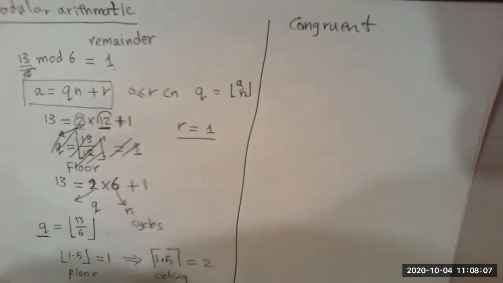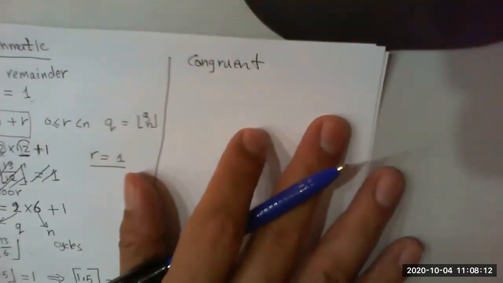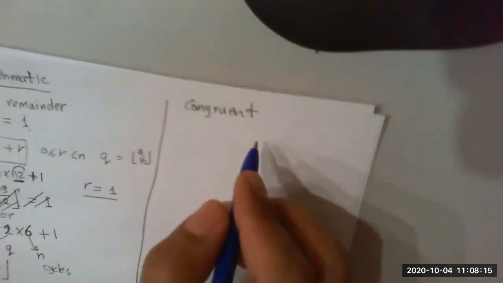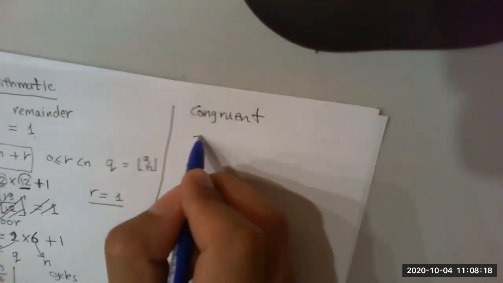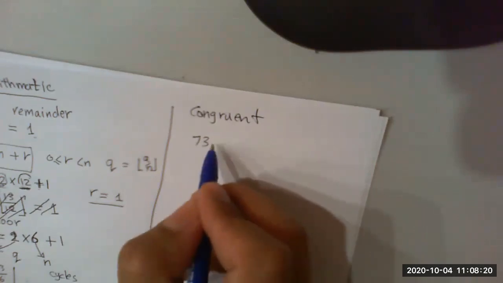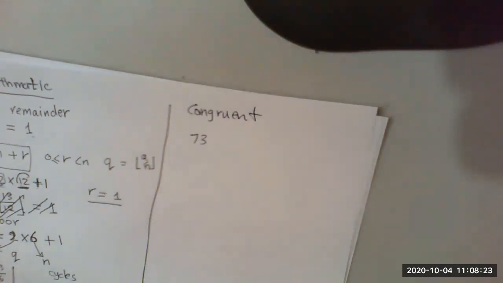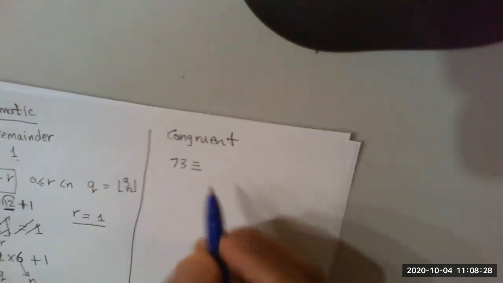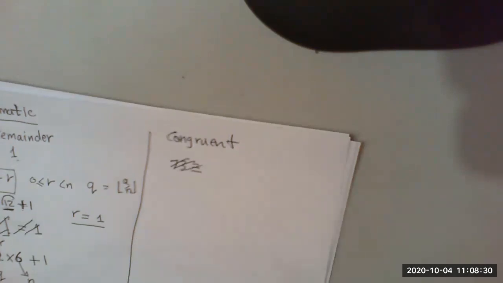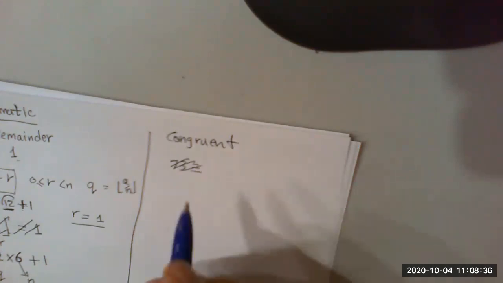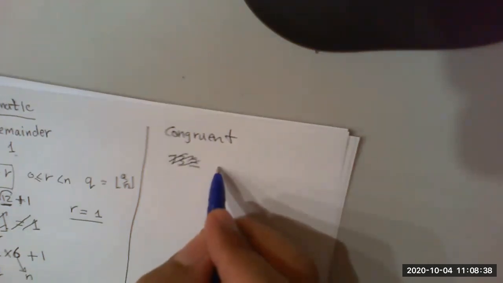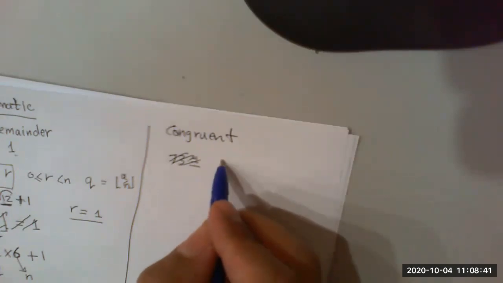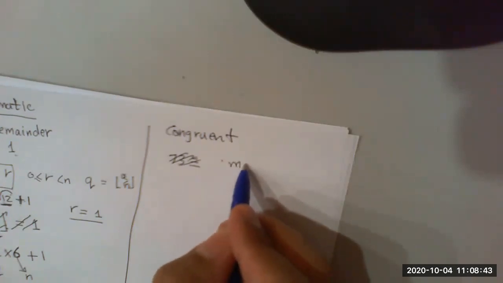Okay, so for congruent mathematics, I can say 73 as an example. Congruent is another way of writing modulus. You know, in some programming languages, we use mod.